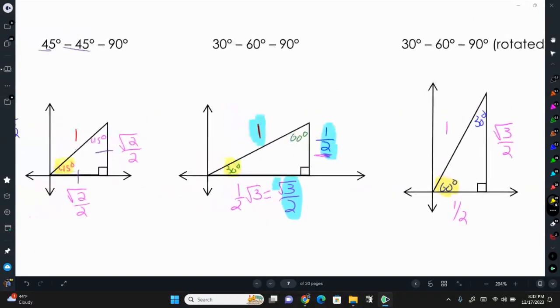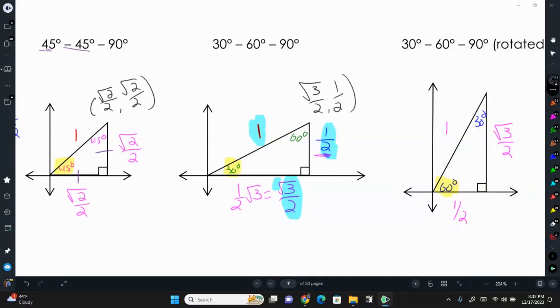And what that tells us is that the x and y coordinates for each of these points are the same values that we got when we used our special right triangle.